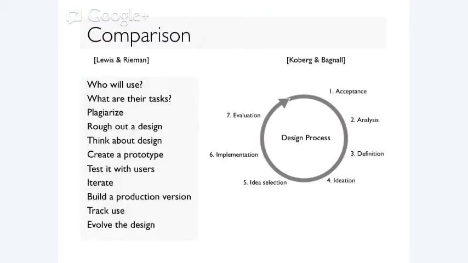All right, I thought maybe we'll do a quick mapping. You all read the Lewis and Riemann reading for today. Here were their headings, how they conceptualize the design process. So let's just map them. What stage does "who will use the product" map to in this cycle?